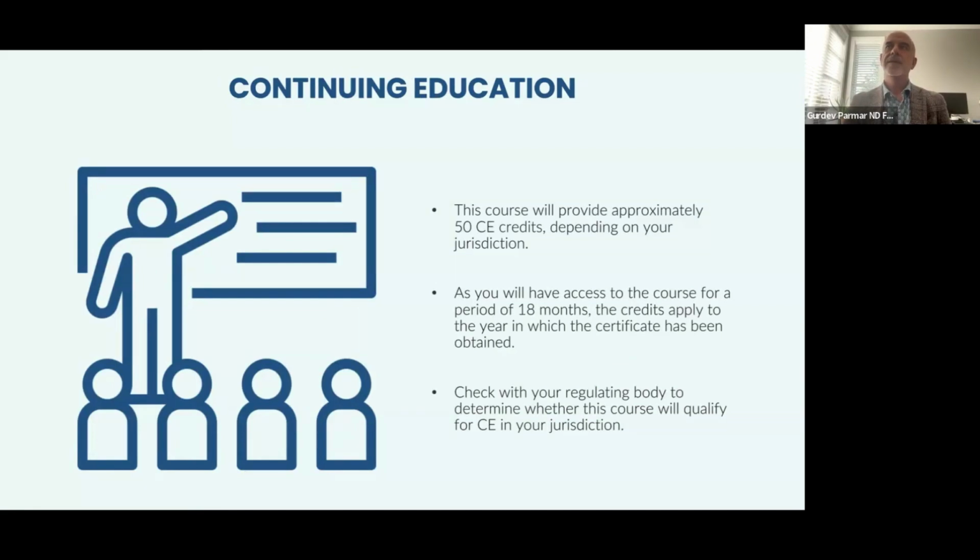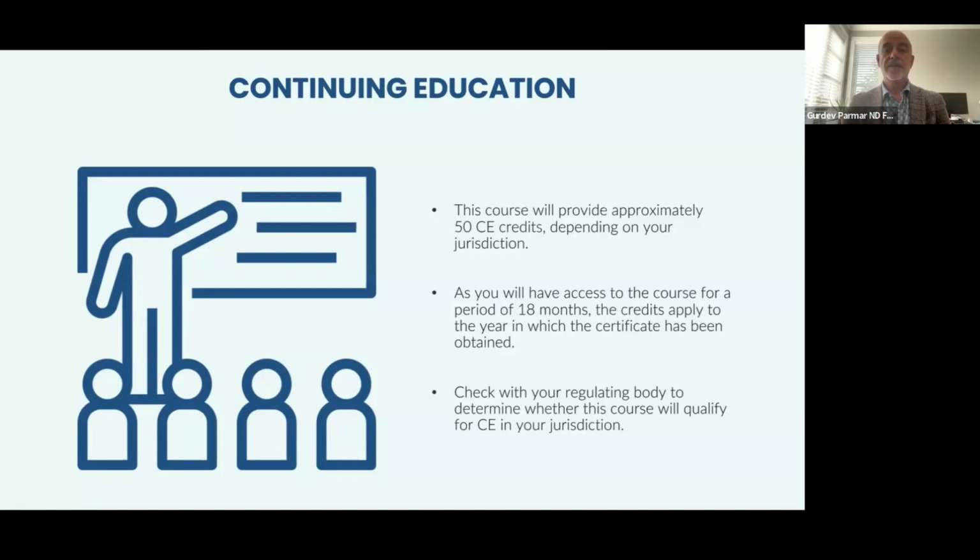And I want to mention this. We are very, very close to getting ACCME accreditation, so MDs, DOs, nurses, and all the other allied health professionals will also be able to claim CE credit.